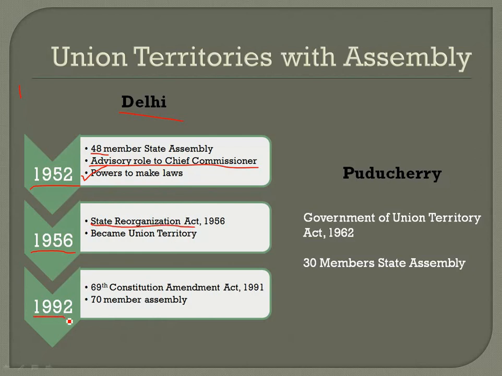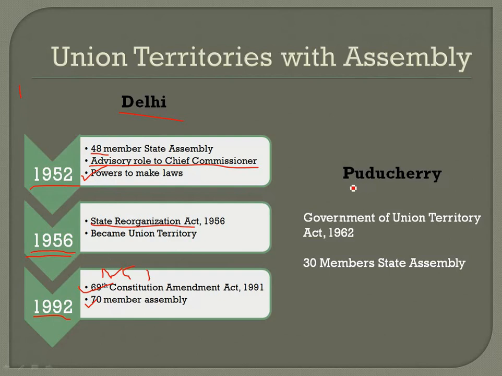In 1992, by the 69th Constitutional Amendment Act, the title of NCT, or National Capital Territory, was given to Delhi and a legislative assembly was provided. It has 70 members. The point to remember here is that Delhi was a state before 1956.